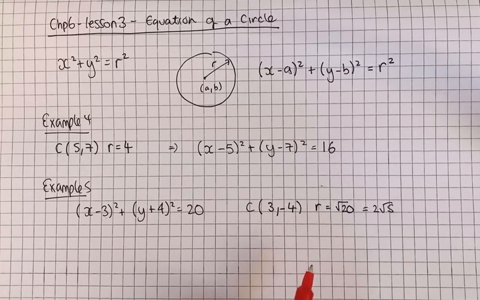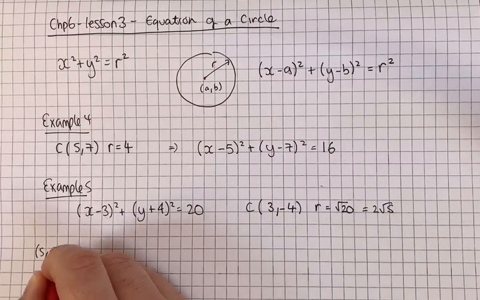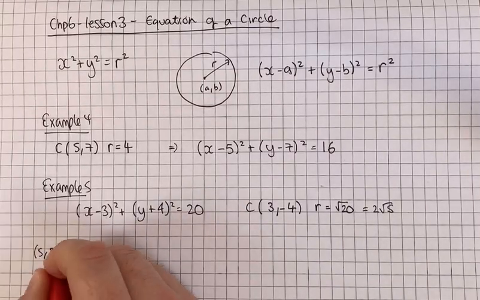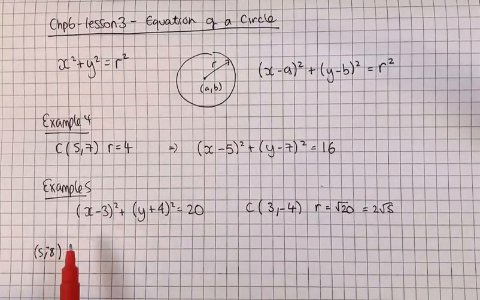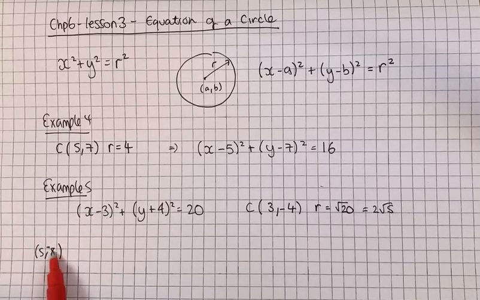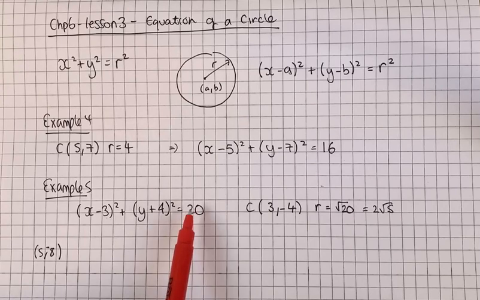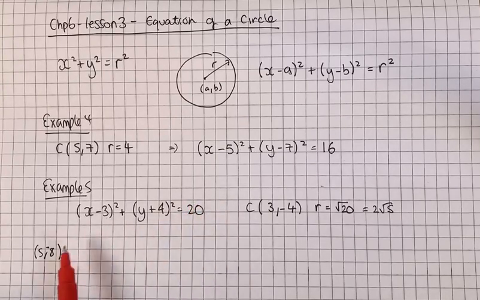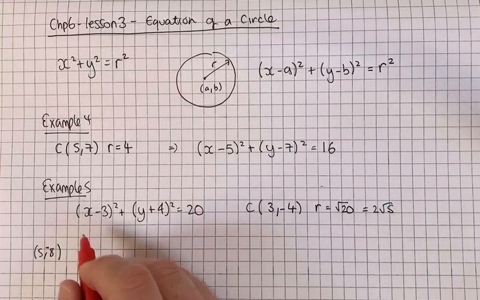We're then asked to show that the circle passes through (5, minus 8). So all we need to do here is show that those coordinates work with this equation. So if we put x equals 5 in and y equals minus 8 in, we should get the answer of 20. And if the answer is 20, it proves that coordinate lies on the circle. If it isn't 20, it proves that it doesn't lie on the circle.